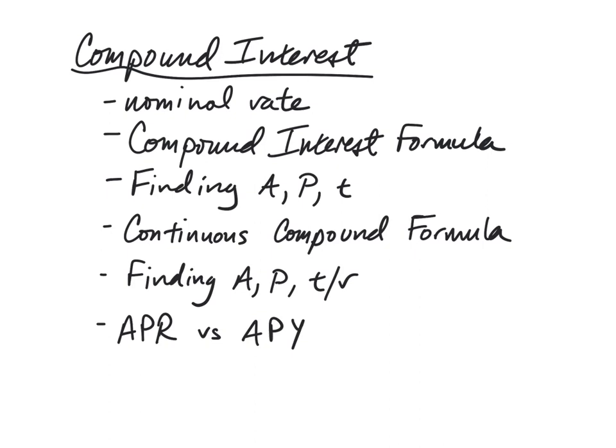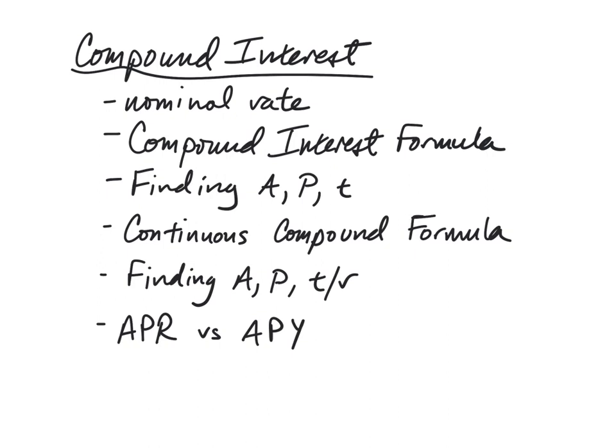In this video I will be breaking down compound interest and two different formulas that make up compound interest. As you can see, we will start out with what a nominal rate is, as it's a little bit different from an annual rate.